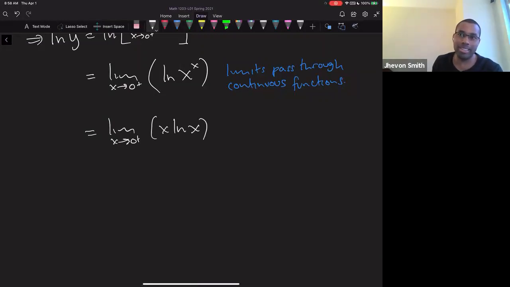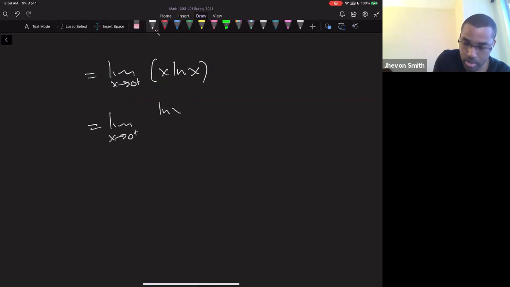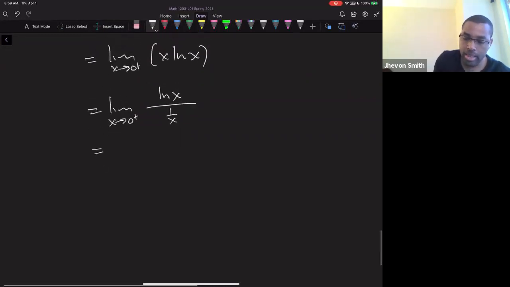We've dealt with this guy like 2 or 3 times today. So I had to rewrite this. At this point, I would look at this limit and realize, hey, that's approaching infinity over infinity. So L'Hopital's applies.